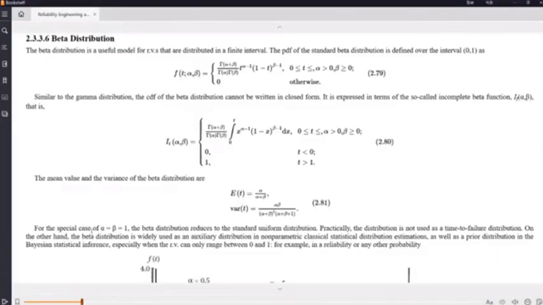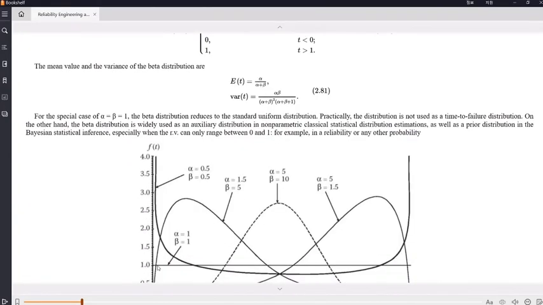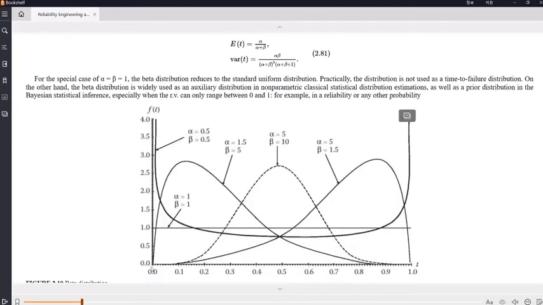As a special case, when alpha and beta equal 1, the beta distribution reduces to the standard uniform distribution. So from 0 to 1, the value of the beta distribution simply maintains 1. It becomes a constant uniform distribution.